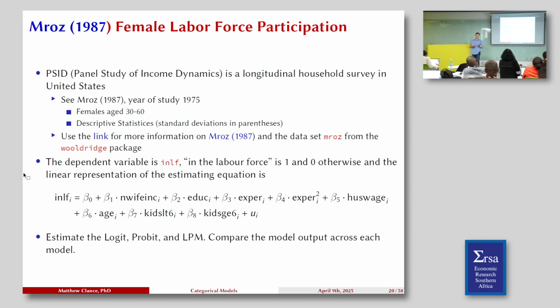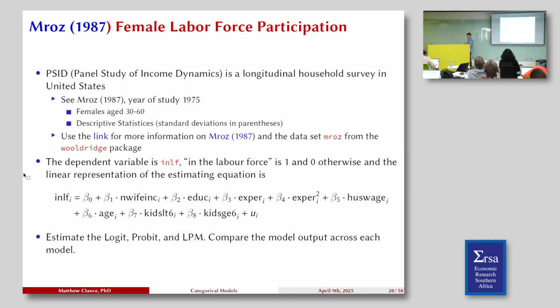If we had wages and we logged them, we threw some people out. Now we're not going to throw them out because either you're working or you're not. Okay? We're going to look at non-wife income, education, experience squared, and husband's wage, along with age, kids less than 6, and kids greater than 6. Okay? These are all things that might determine whether, in this case, females aged 30 to 60, and by the way, notice the date, just in case.